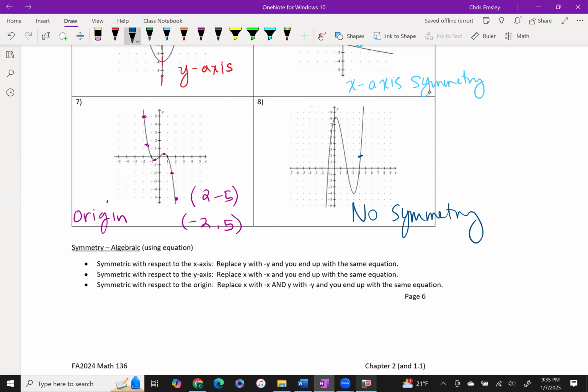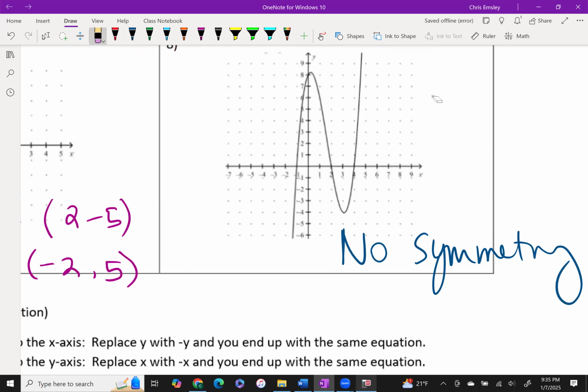No, this is just not easy to look at on a graph. Here's a good point right here. That is about the point -1, 1, okay? If this graph had x-axis symmetry, that means that this same point with the opposite y value would have to be on our graph.